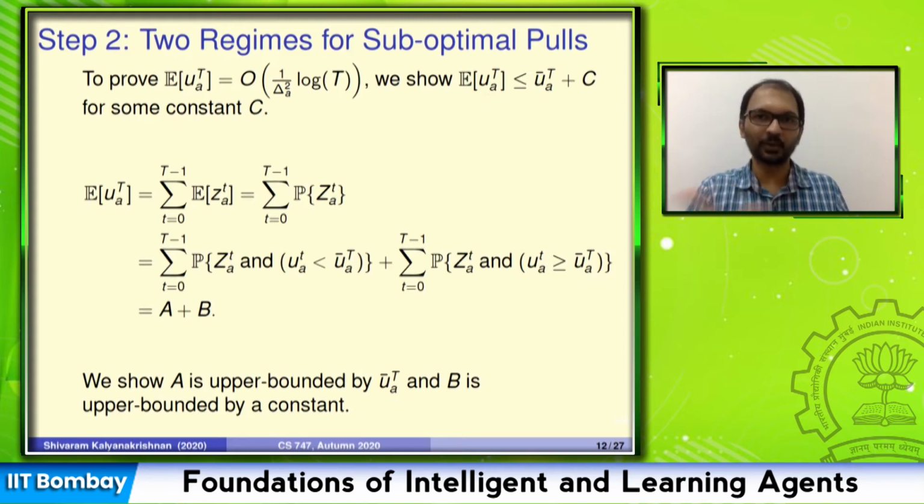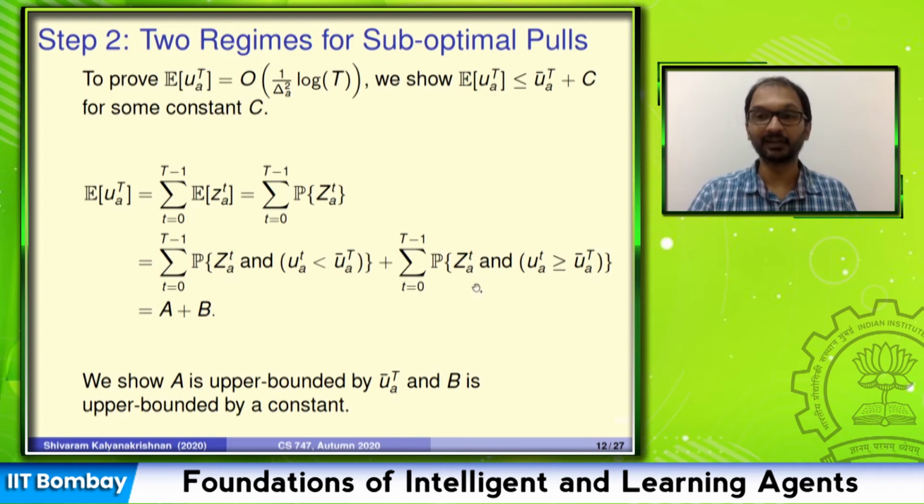So the number of times both of these can happen has to be at most U bar_tA; it cannot be more than that. That's an easy way of saying that U bar_tA should be an upper bound on A. But we will say it more carefully and rigorously, because I think it's worth the effort if you're doing it for the first time.